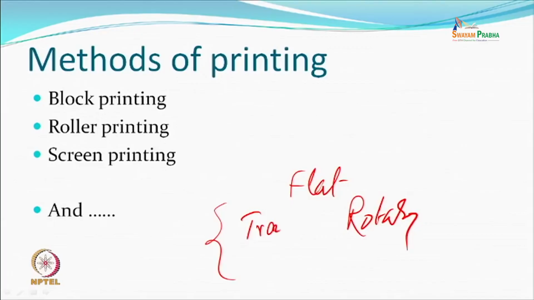Transfer, digital, they are methods, and these methods are in some way fascinating to begin with, which are different from whatever is being used, and so we will spend more time here.